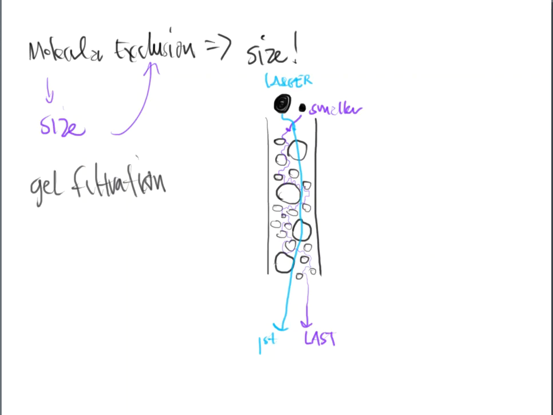Okay. Finally, we're going to talk about affinity chromatography. And in affinity chromatography, we're going to see a little bit of change here. This is completely different than some of the other chromatography techniques that are out there, and we're getting ready to tell you why. Aren't you in suspense? Yeah.